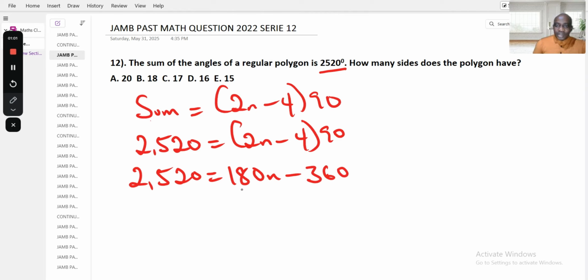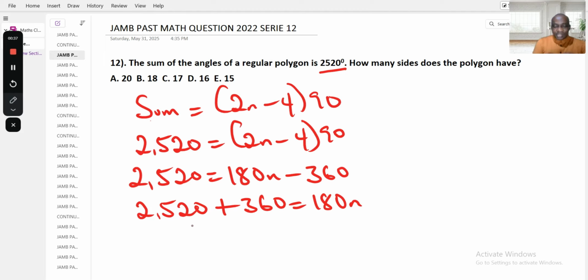Now let's collect like terms. How do we collect like terms? This 360 goes to meet its elder brother, which is 2520, because they look alike. By the time it joins, it will change the minus sign to plus. So 2520 plus 360 equals 180n.